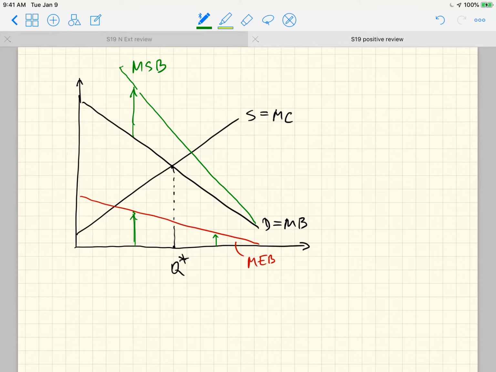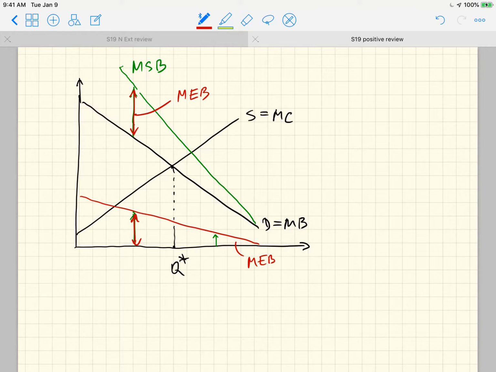And this marginal social benefit curve again reflects the true or full benefit from consuming this good. So by the way, this is what? This is the distance between the MSB and MB curves at any Q. It tells us what marginal external benefit is. So basically this distance is supposed to be the same.